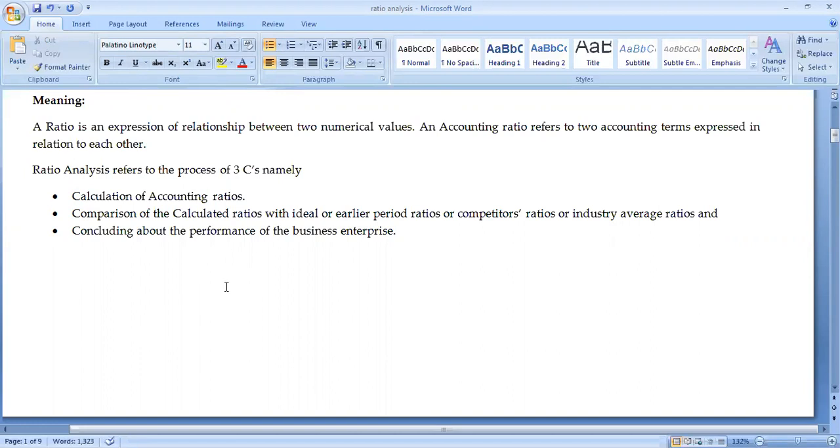It is going to find out the ratio between the current assets and the current liability, to state which ratio is higher or which is decreasing, and what improvement can be done, whether it is increasing or decreasing. For that reason, ratio analysis is used. In a particular field, improvement can be done with the help of ratio analysis.